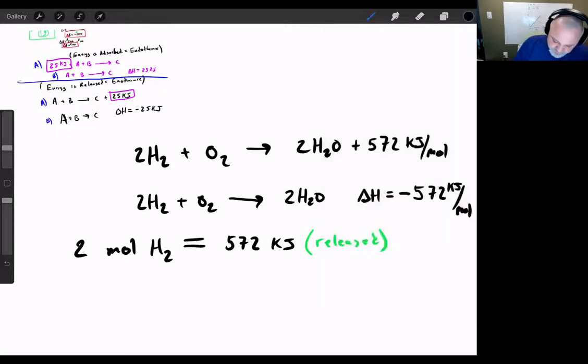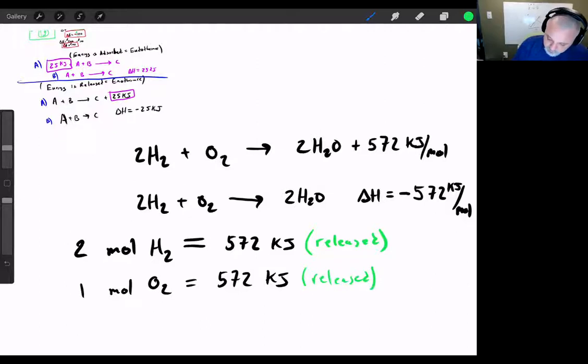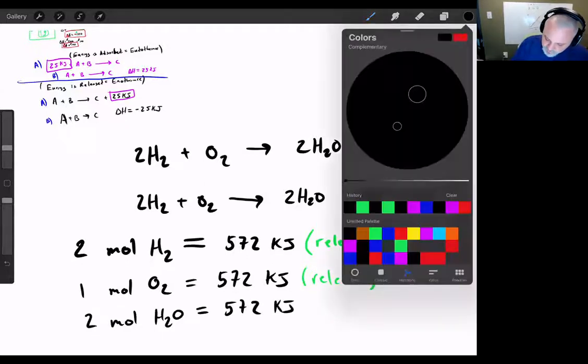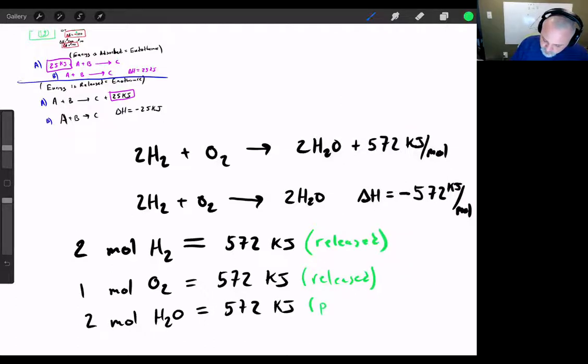It also means that for every 1 mole of O2 consumed, 572 kilojoules are released. It also means for every 2 moles of water produced, 572 kilojoules are, and remember, we don't normally write this part, but I just want to do it for clarity, released.